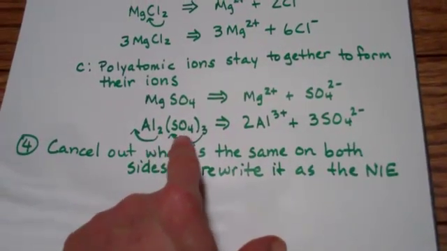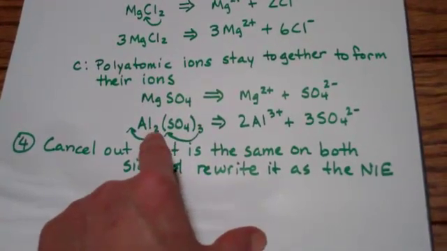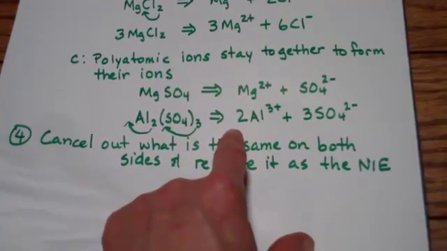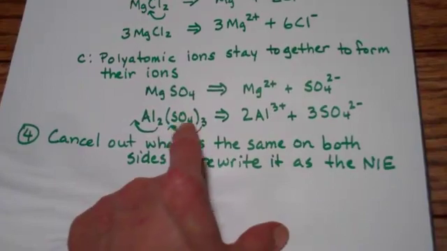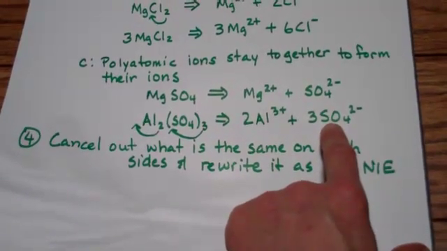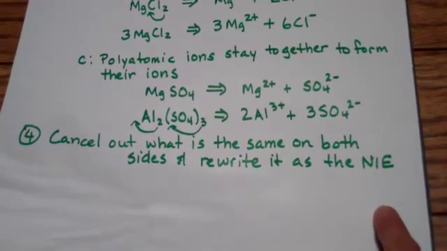So if we have aluminum sulfate, there's 2 aluminum ions in each molecule of aluminum sulfate, so that would be 2 Al3+, and we can see that there's 3 sulfate ions per molecule. So in the ionic state, when they're floating around by themselves, that would be 3 SO4 2- ions.